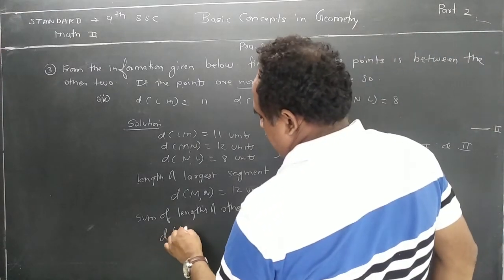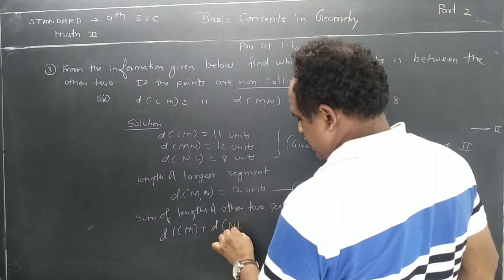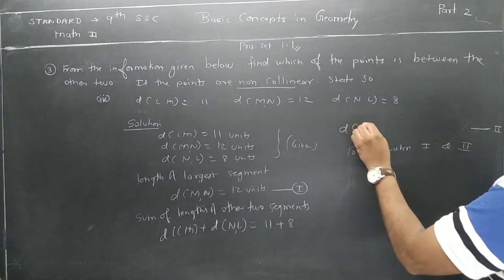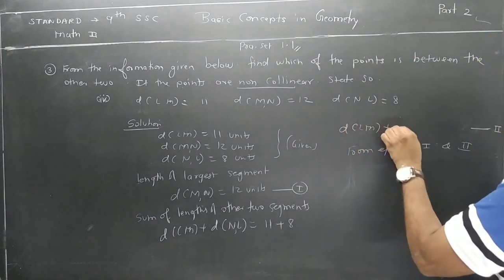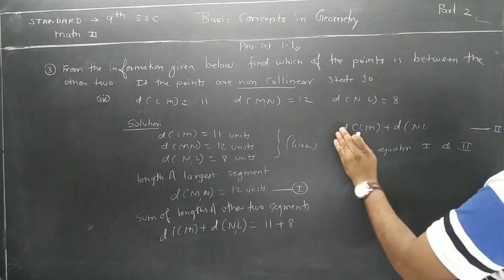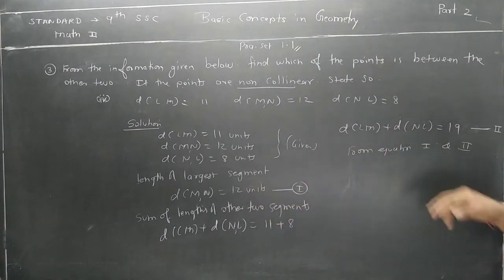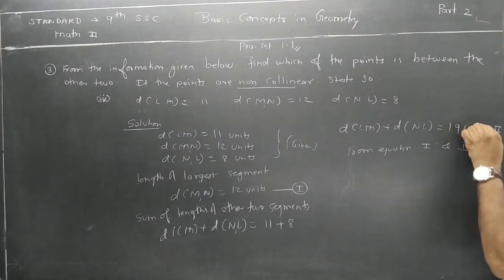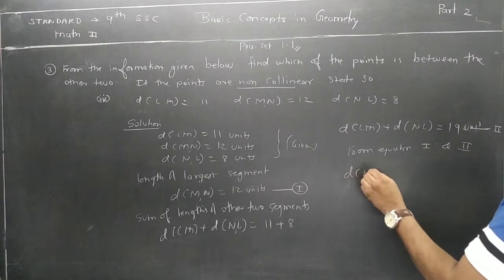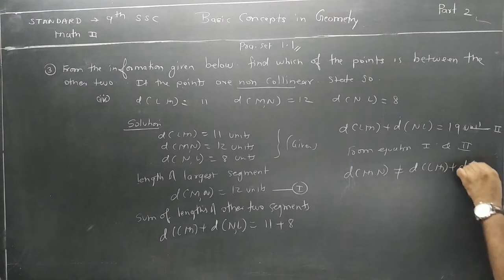Distance LM plus distance NL is equal to 11 plus 8. So distance LM plus distance NL is equal to 19. Now this is 12 units, this is 19 units. Is it right? So they are not equal. So from 1 and 2, what I can write then, distance MN is not equal to distance LM plus distance NL.